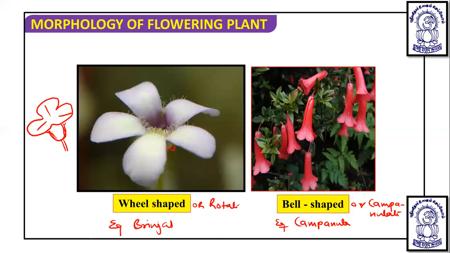Now after this, next we are going to talk about zygomorphic corolla, and the next one is zygomorphic polypetalous corolla.